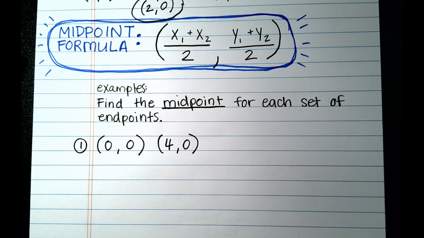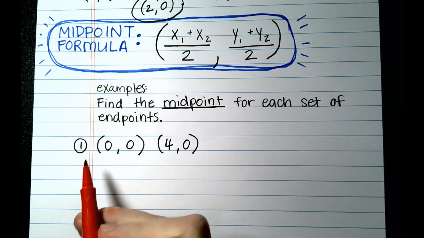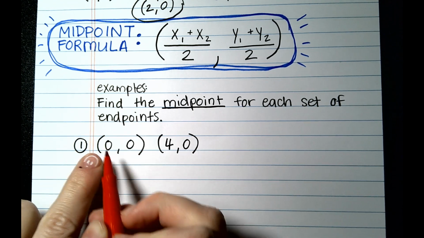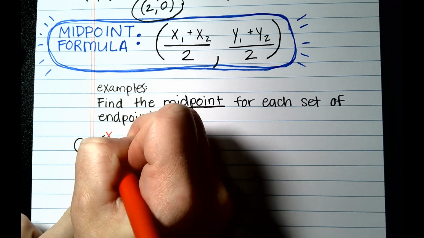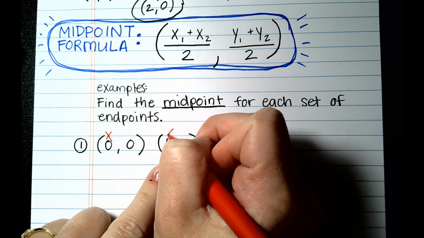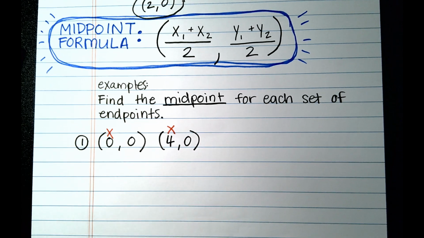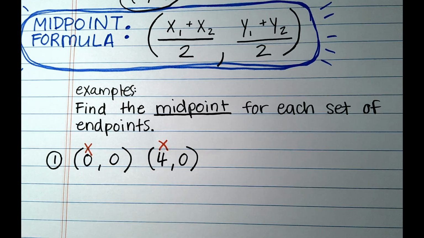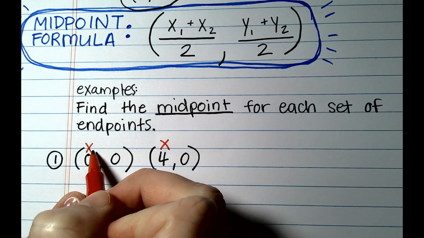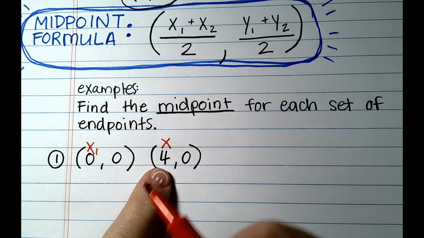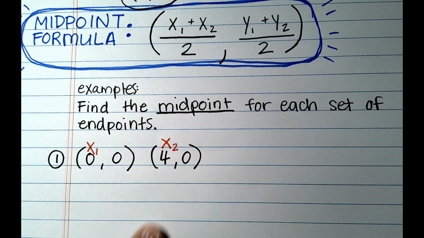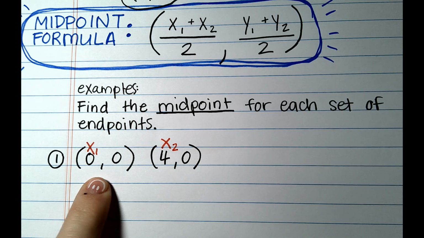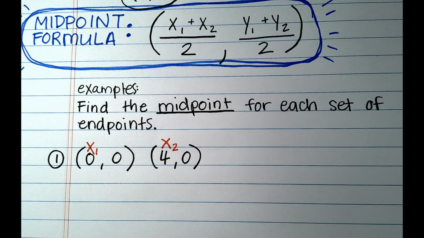But the very first step that we want to take is to label our X values and our Y values. So what are my X values? Yep, that first 0 is an X, and that 4 is an X. We'll call the 0 x1, and the 4 will be x2, because this is our first coordinate, this is our second coordinate.